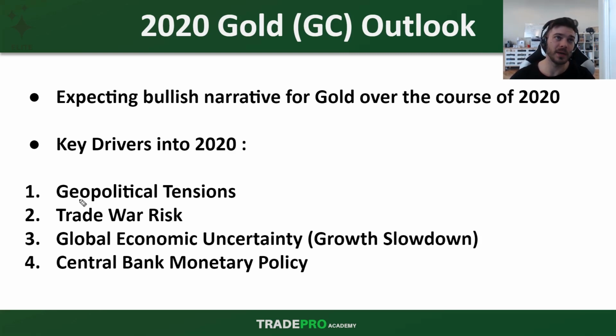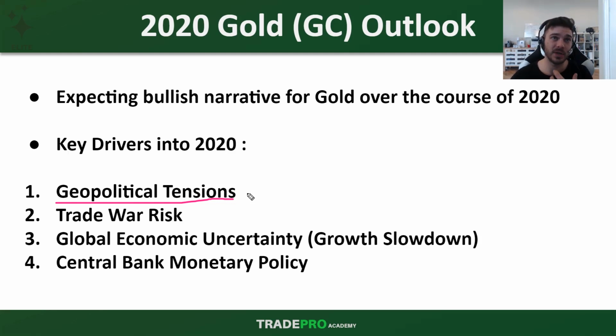So the first one, geopolitical tensions. It's no surprise that as we came into the end of 2019, we did have some forms of geopolitical tensions. Obviously, you had the trade wars. However, we started seeing escalations in tensions between the US and Middle East, and more recently, increased tensions between the US and Iran, and this has the potential to go on throughout 2020.